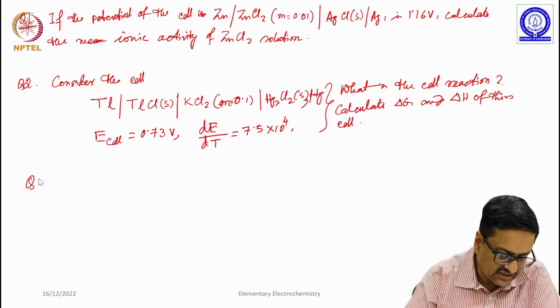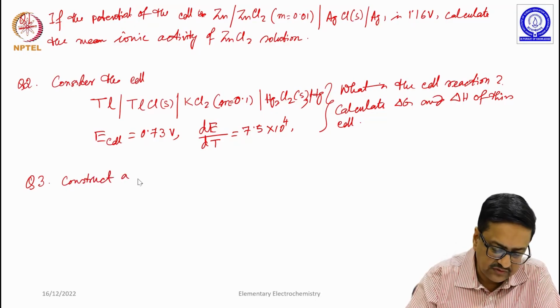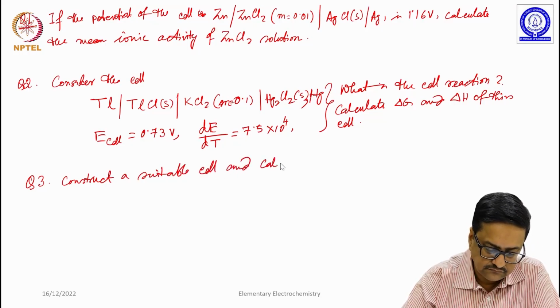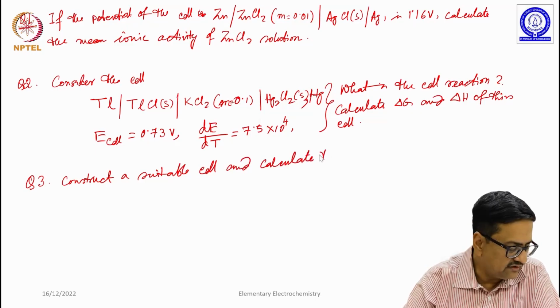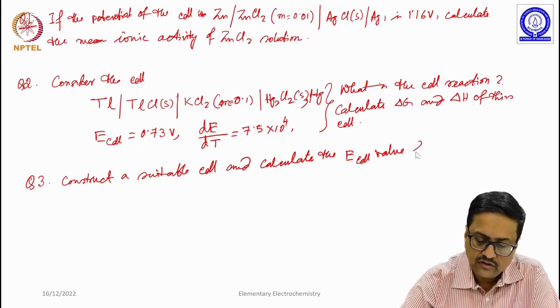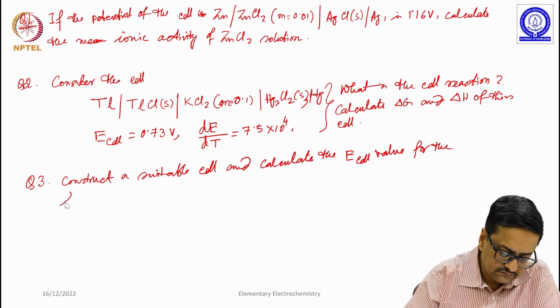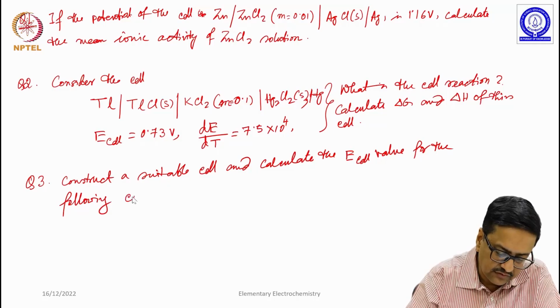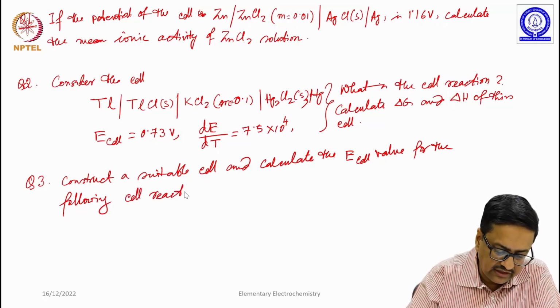And question number 3 is: construct a suitable cell and calculate the E cell value for the following cell reaction.